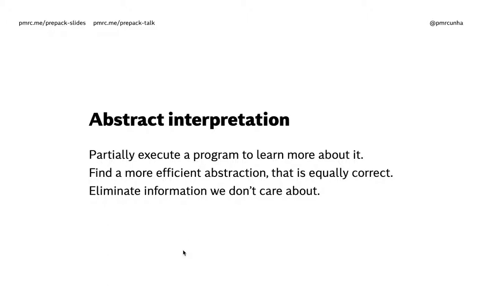Another idea is abstract interpretation. As it says there, it's about partially executing the program to learn more about it, and then finding better abstractions that lead to the same results, and allows us to eliminate a lot of information.